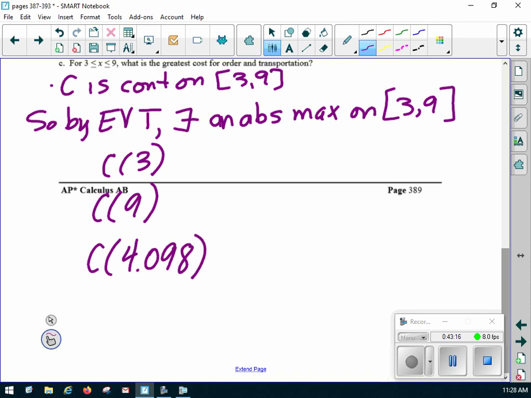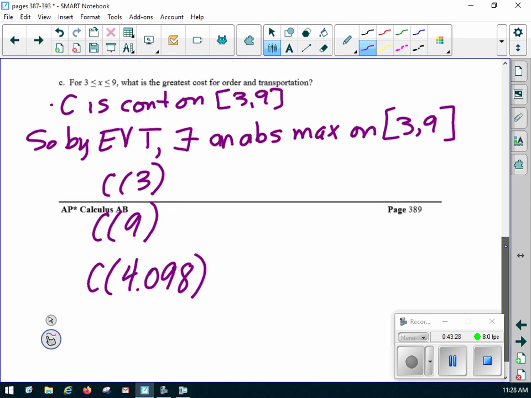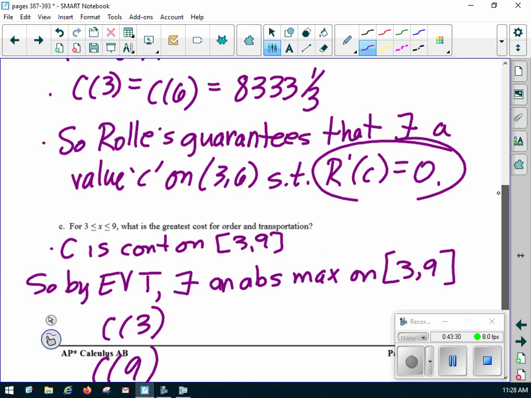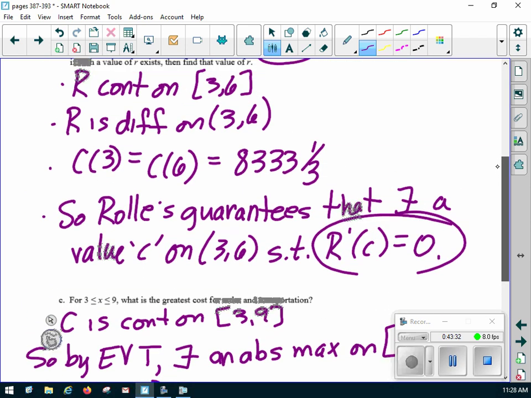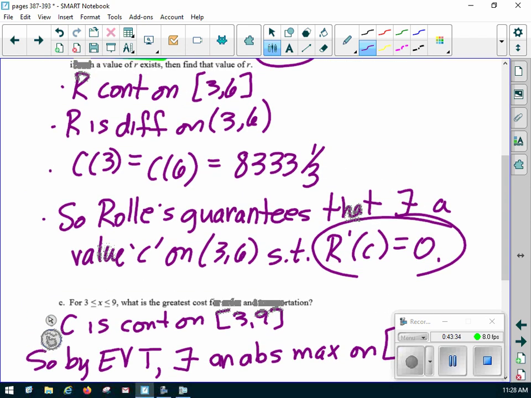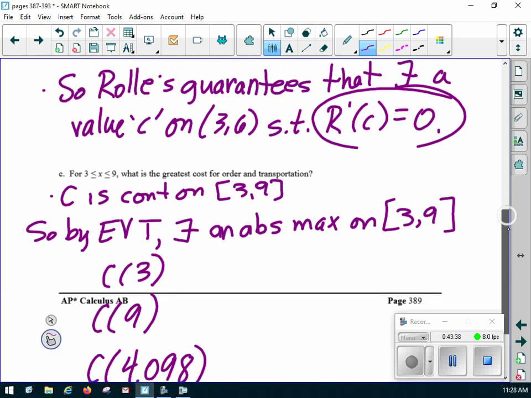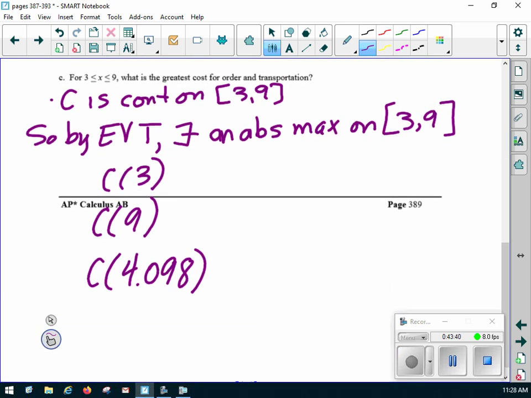Because we didn't check what happens between 6 and 9. So we have to go back and check that there isn't another value between 6 and 9 that we didn't see. Because our window before was just 3 to 6. That's no problem. But if it's something at like 7.4, we wouldn't know about it.